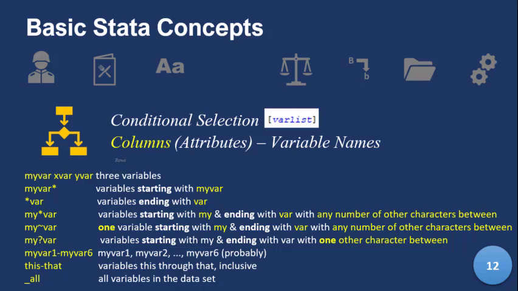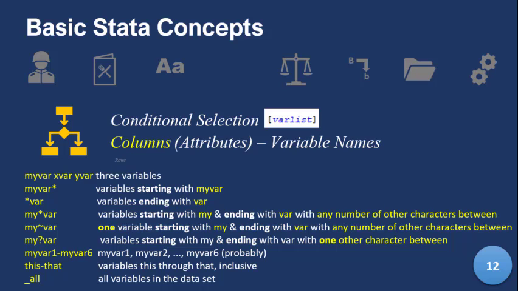Just to say that the asterisk shows that there is some text or no text before or after a variable. So you can see myvar with the asterisk, that means you start with myvar, and then there's myvar, xvar, and yvar. When you select like that, you are telling the command these are the variables you should work with.